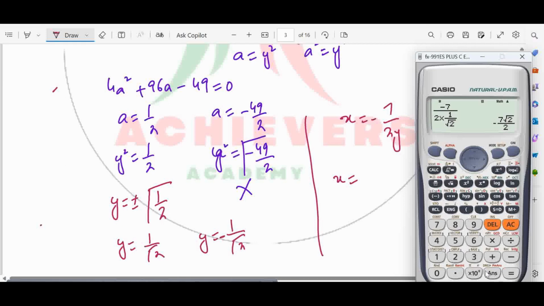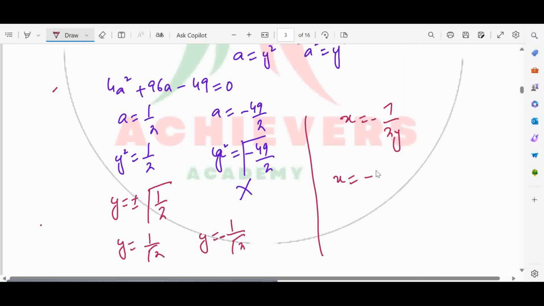So this will be equal to -7 square root of 2 by 2. This will be the x coordinate, and its y coordinate is 1 by square root of 2.